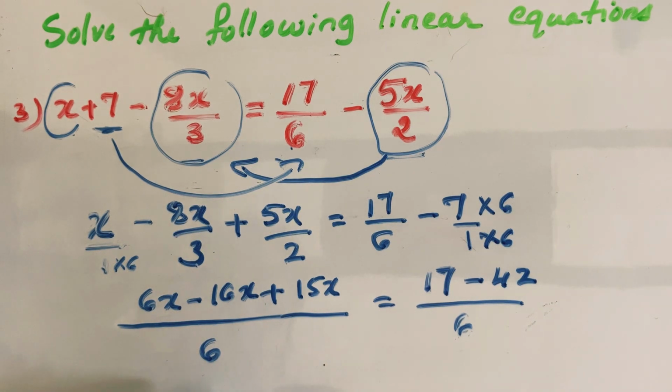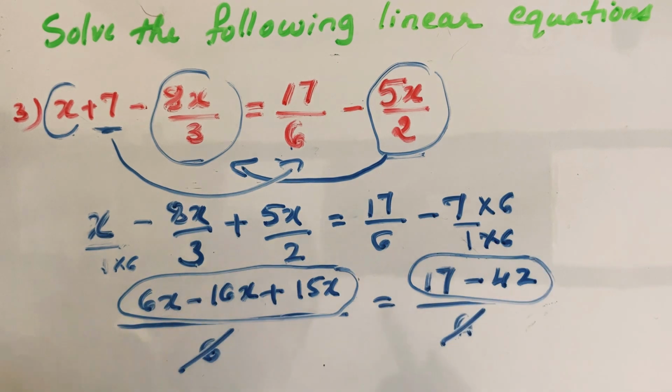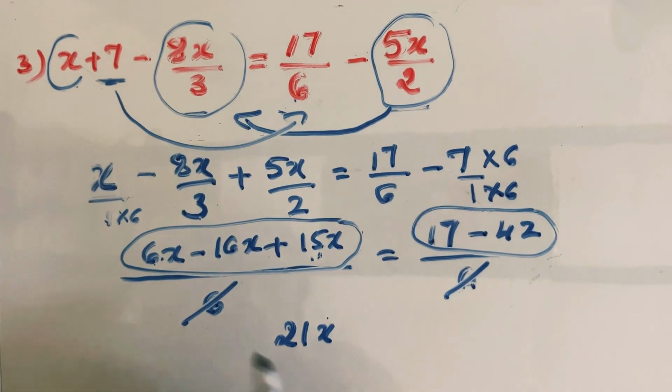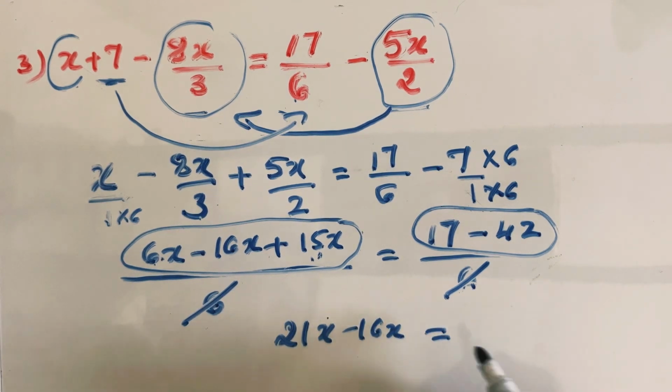Now you can see this denominator is 6 and this denominator is also 6, so you can cancel them out. The only remaining thing is the numerator. 6x plus 15x. Positive terms I'm going to add first. 6x plus 15x is 21x. 21x minus 16x is equal to 17 minus 42. Integer subtraction.